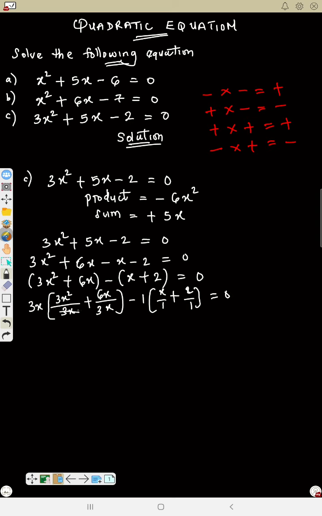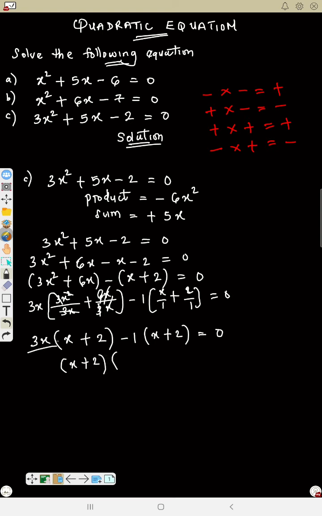Now 3 will go, s will go. So we have 3s, brackets remain s plus 2, because s will cancel as 3 here 1, 3 here 2. Then minus 1, s plus 2 equals 0. Now you notice s plus 2 look alike, so take 1.